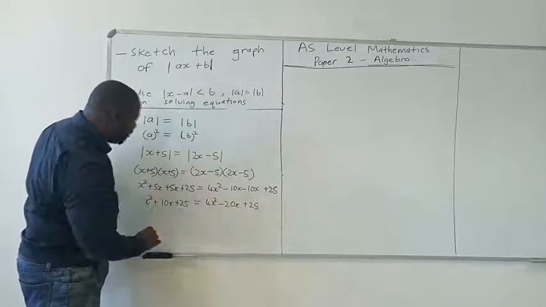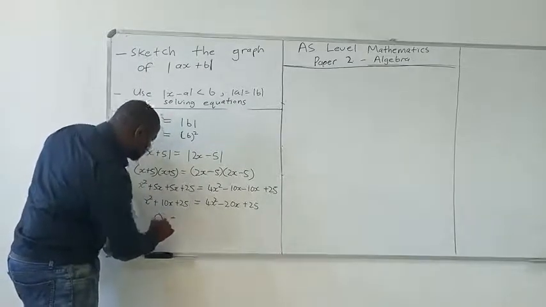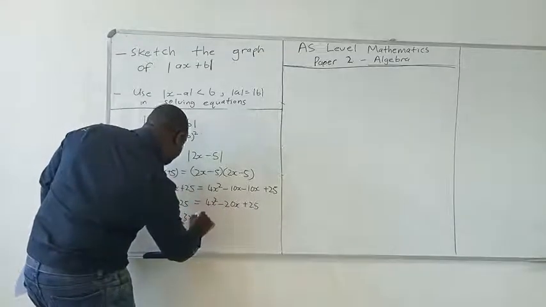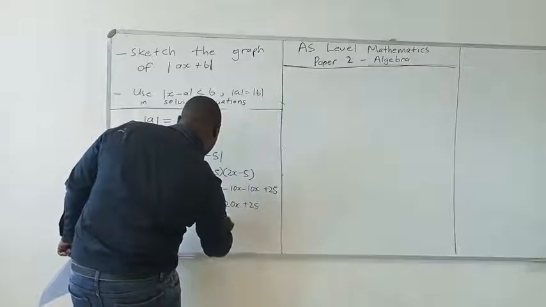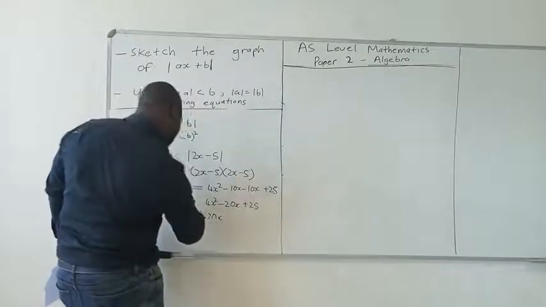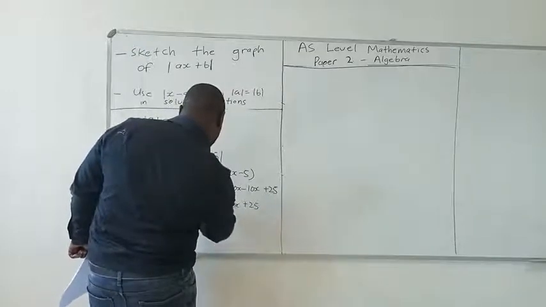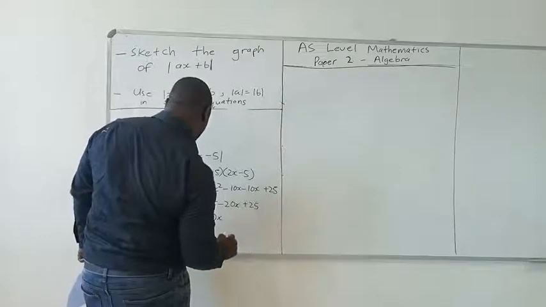We group everything to one side. So this becomes 0 is equal to 3x squared minus 30x, and 25 minus 25 is 0.